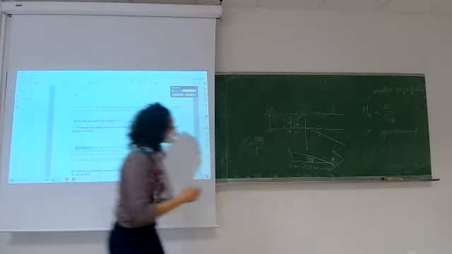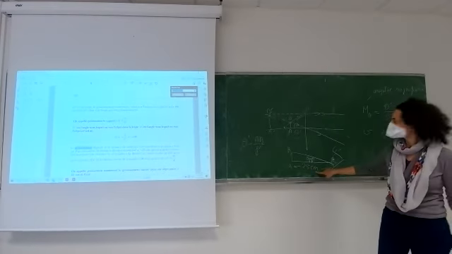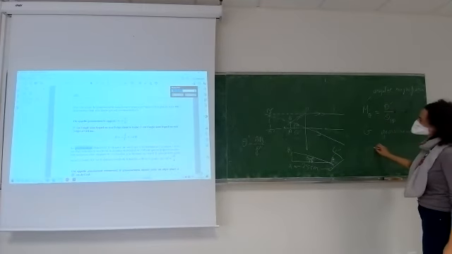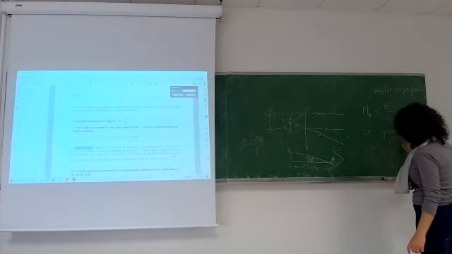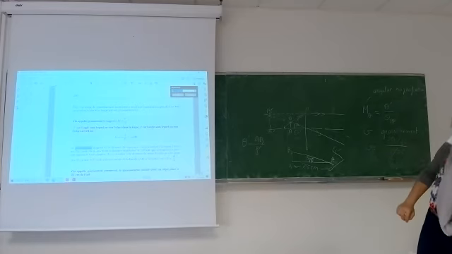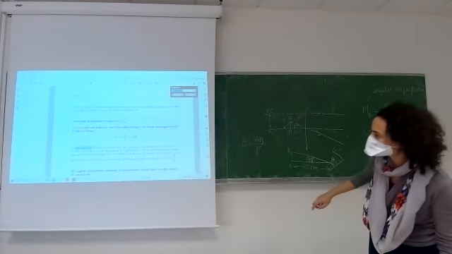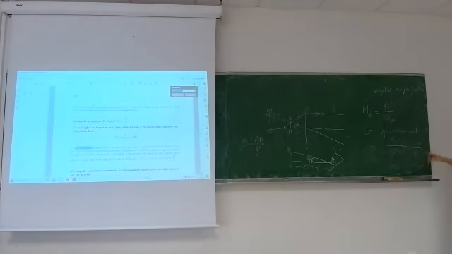D is 25 centimeters. Finally, you are doing AB over F prime over AB over 25, so you have D25 over F prime.